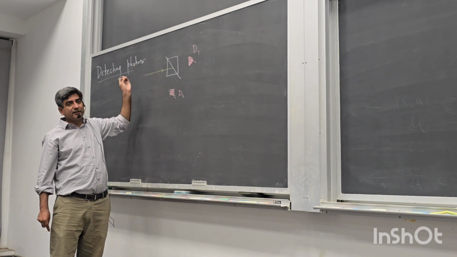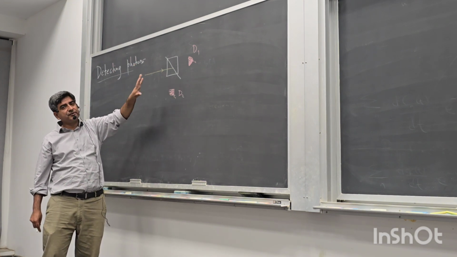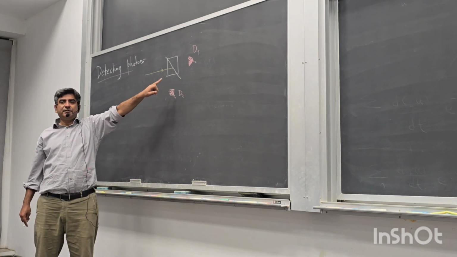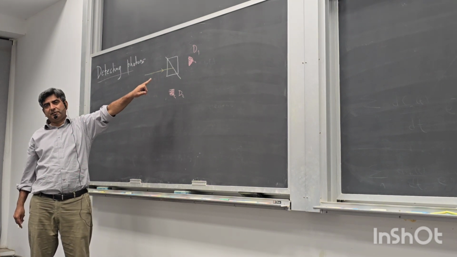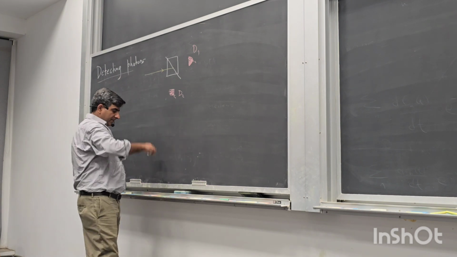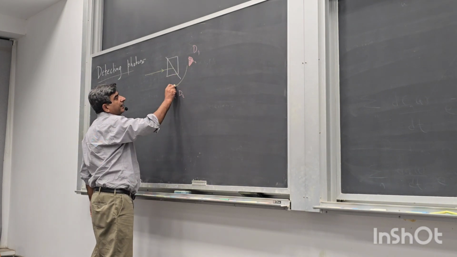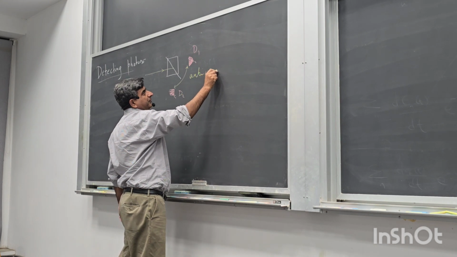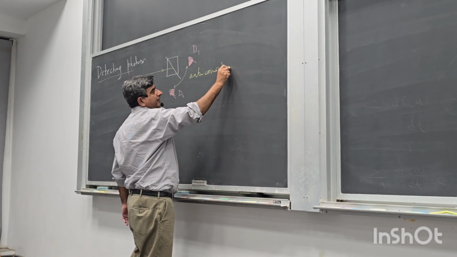Likewise, if in a single run of a single photon entering this idealized beam splitter, this detector clicks, D1 will never click. So there is perfect anti-coincidence between D1 and D2.